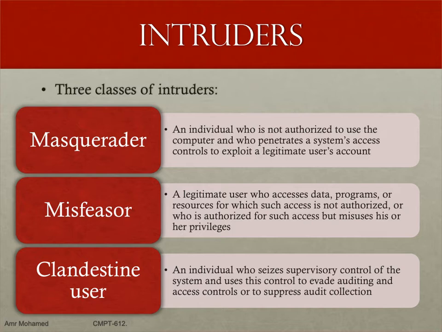The book classifies intruders into three different categories. One is called the masquerader. The masquerader is an individual who is not authorized to use a computer. He's an external person who gains access to a workstation in an illegitimate way.